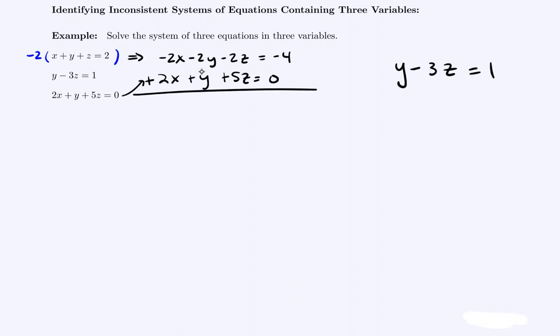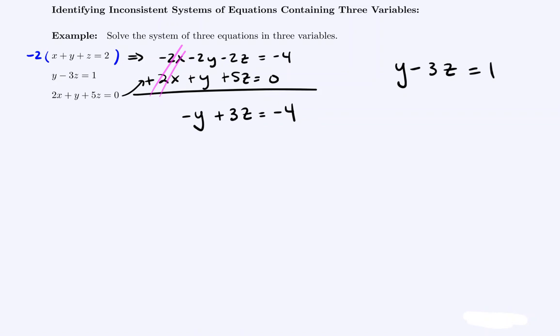When we add these, the 2x's cancel as expected, and we would get -y plus 3z equals -4. Great. Double checking our work, everything's good.